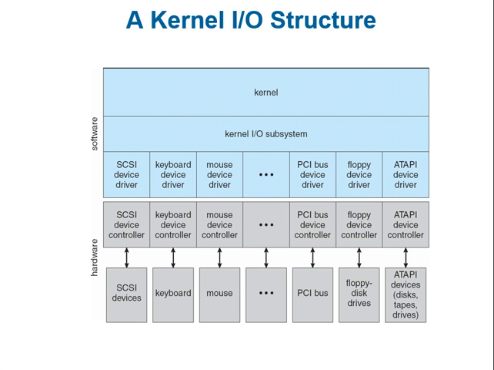SCSI is normally used by storage interfaces, keyboard controller, mouse controller, PCI bus, and others. The device driver translates all the instructions into this uniform kernel I/O subsystem, so that your kernel only sees the same standard kernel I/O subsystem, although they are connected to different hardware.